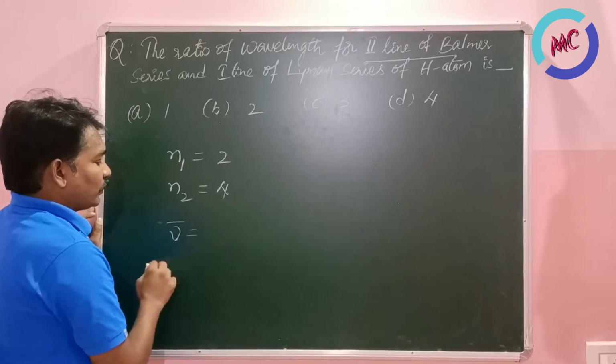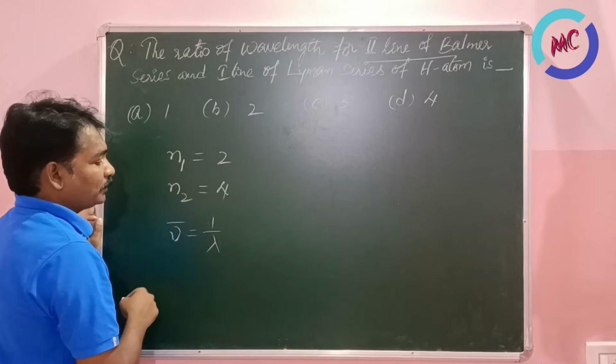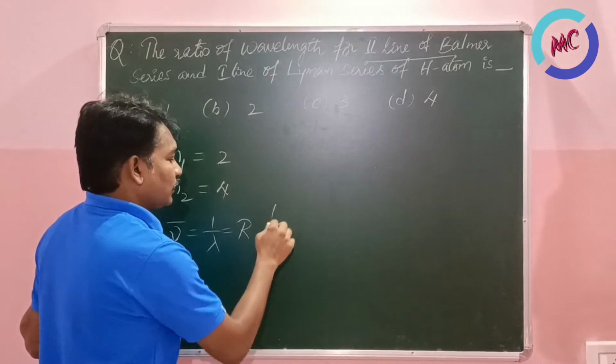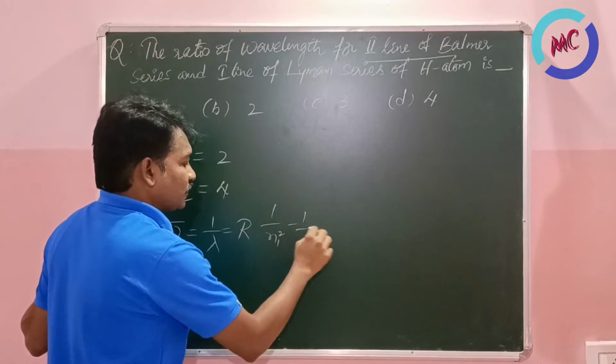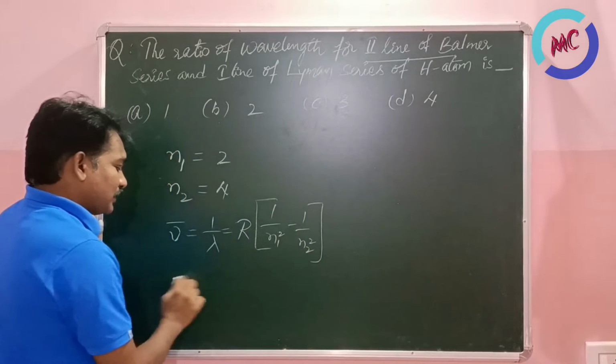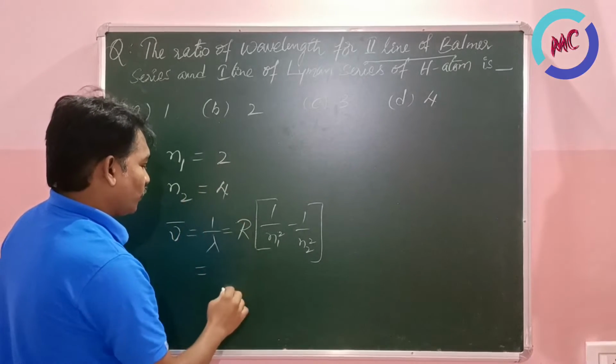And see here, nu bar is equal to 1 by lambda, that is equal to R (1 by N1 square minus 1 by N2 square). What is the value of N1 here? 2.